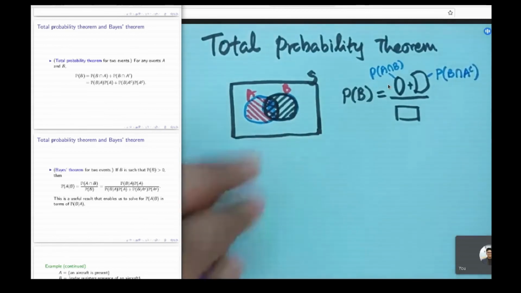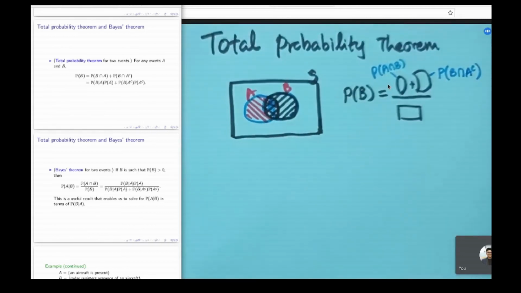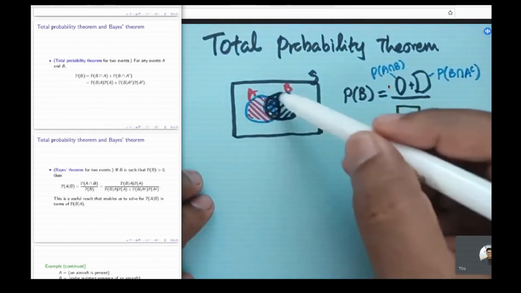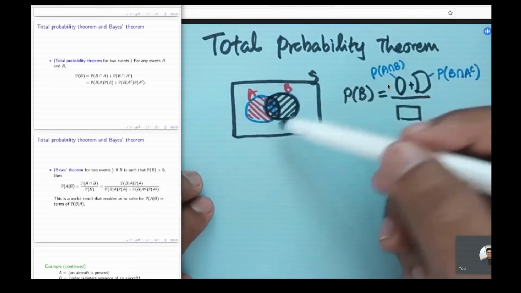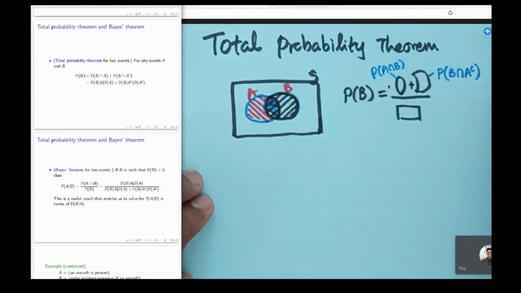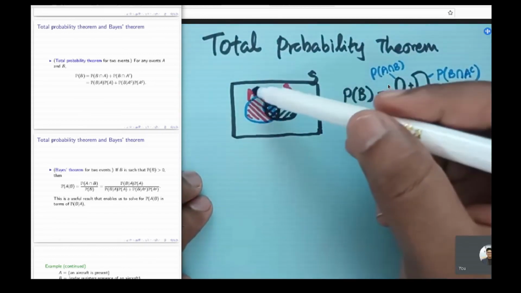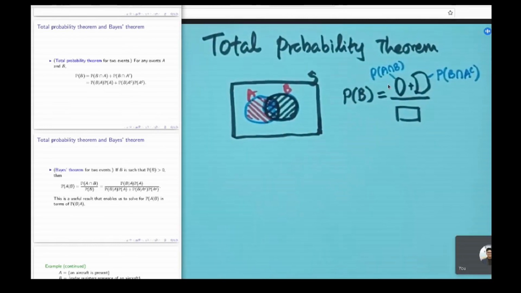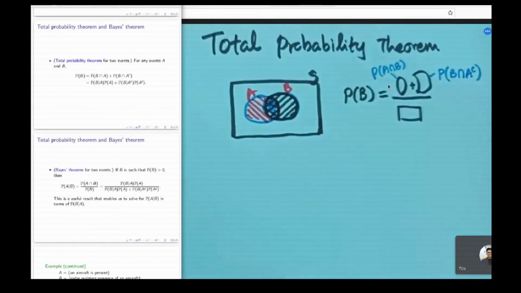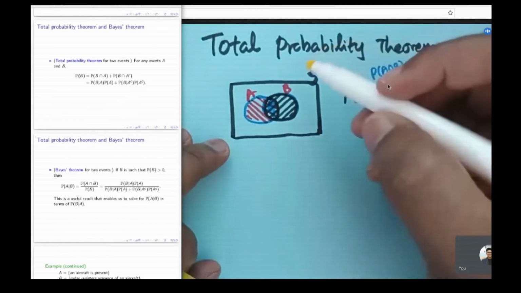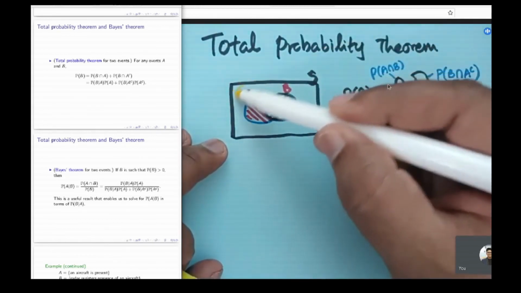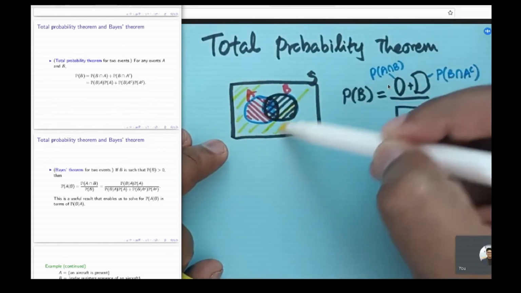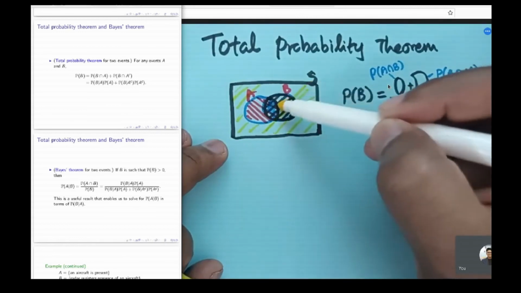So B intersection A complement means, if you look at the A complement, anything other than A is A complement. So anything other than A, if I may draw it using a different color to make it clear, everything else is included.